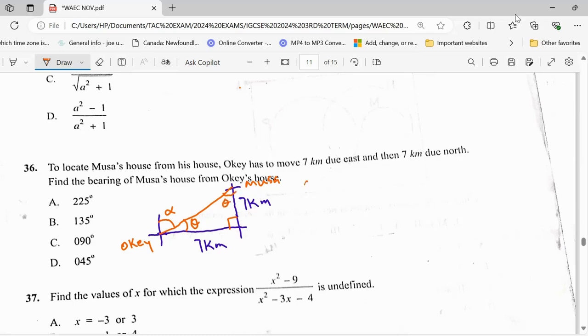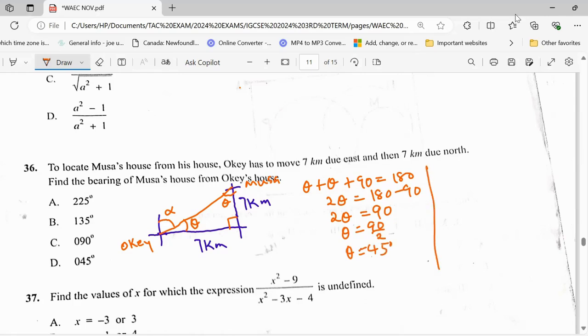So if I do theta plus theta plus 90 equals 180, I'm going to have 2 theta equals 180 minus 90. 2 theta is equal to 90. So theta is 90 over 2. Theta is 45 degrees.